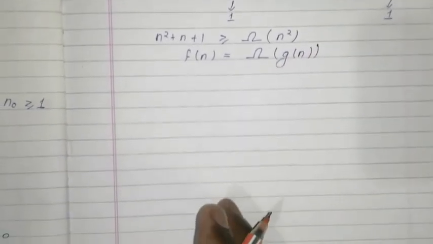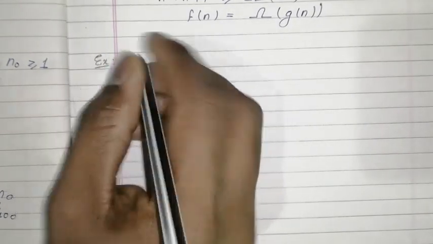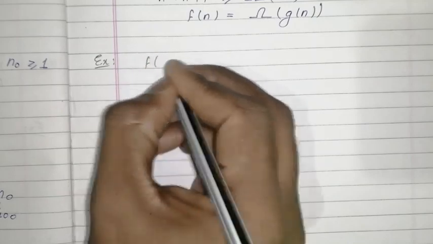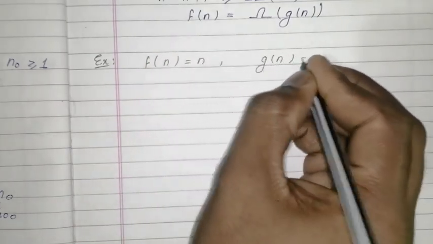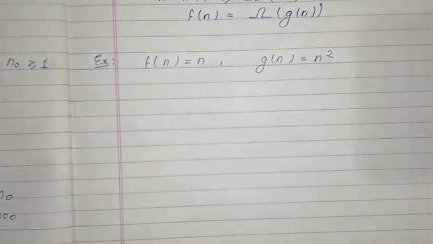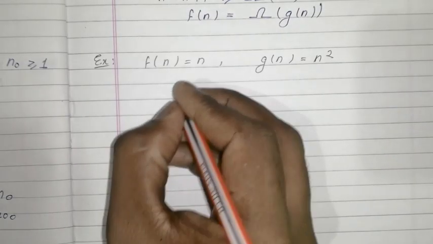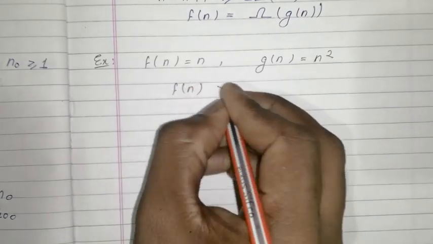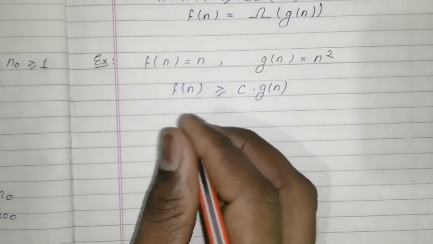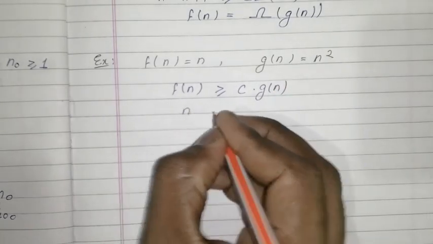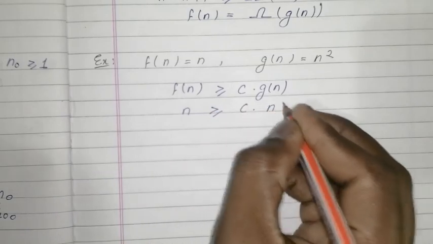Now see the next example. The example is given: f of n is equal to n, and g of n is equal to n square. We can prove f of n is greater than or equal to c into g of n. So f of n is given as n, and we need to prove n is greater than or equal to c into n square.